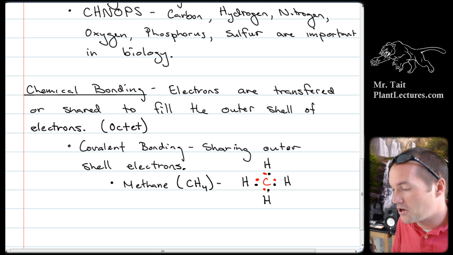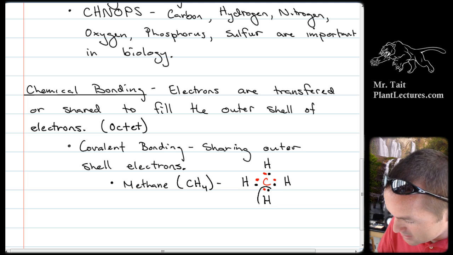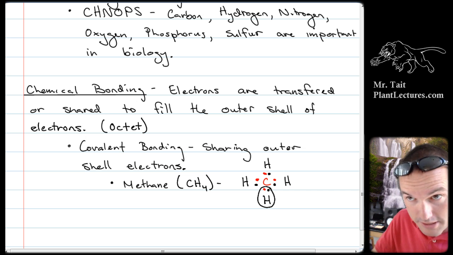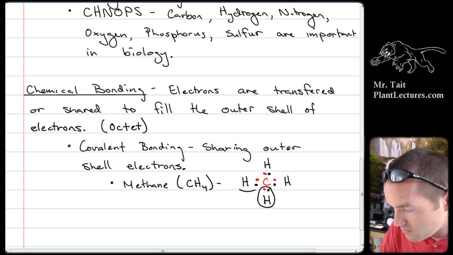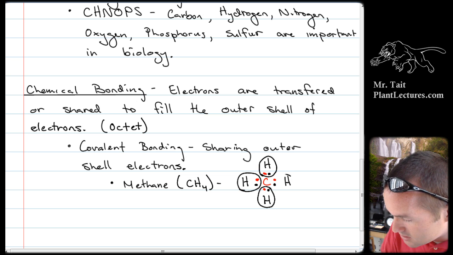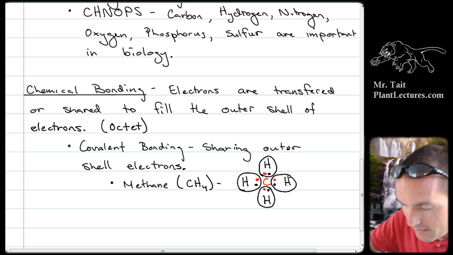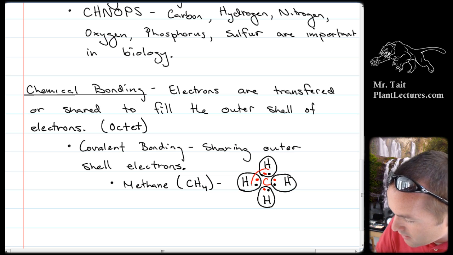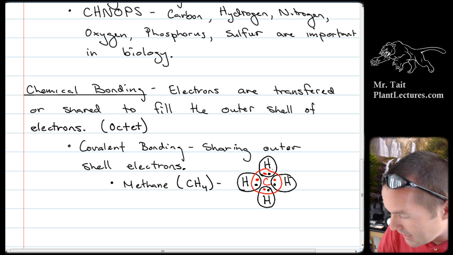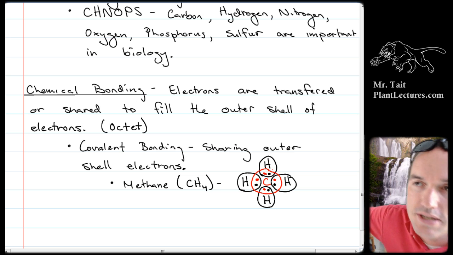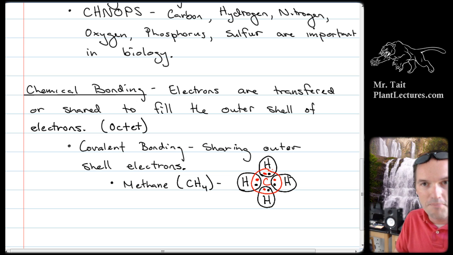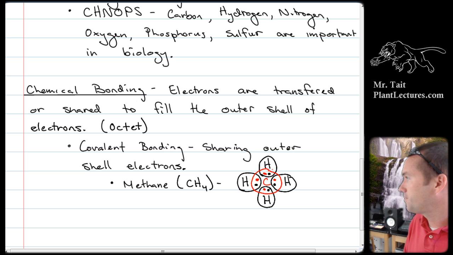And then you can go through and draw the Venn diagram for it and say, this hydrogen has these 2 electrons because it only needs 2 because of the duet rule. This hydrogen has these 2. This hydrogen has these 2. This hydrogen has these 2. And then finally, the carbon gets 8. And any places where those circles intersect, just like in a Venn diagram, means that they are sharing those things. Okay? Covalent compound.